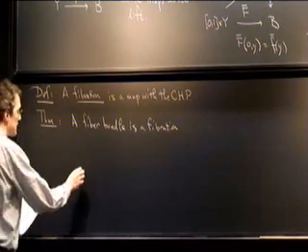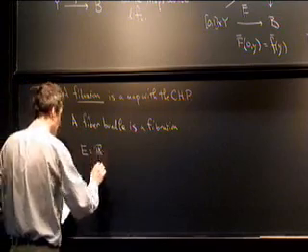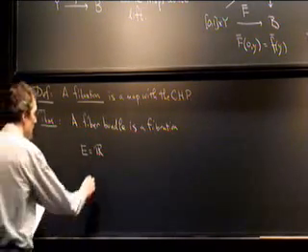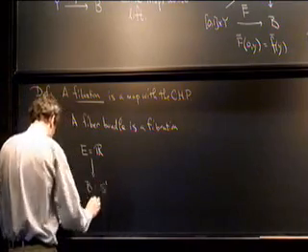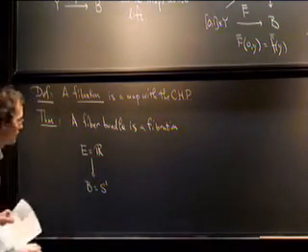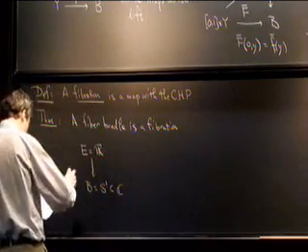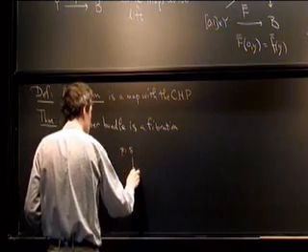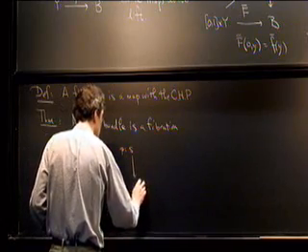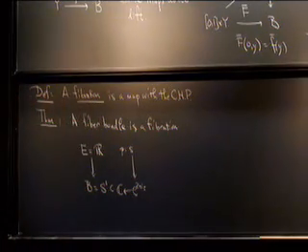So let's take a very simple example. Let's take E to be the real line, and let's let B be S1, which I'll identify as the unit complex numbers. My map P takes s and projects it down to e to the 2 pi i s.